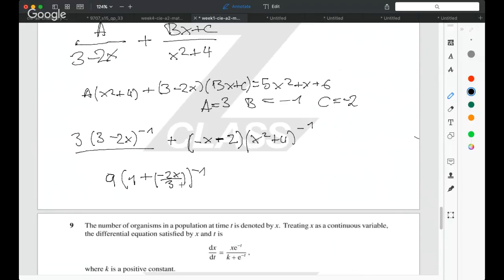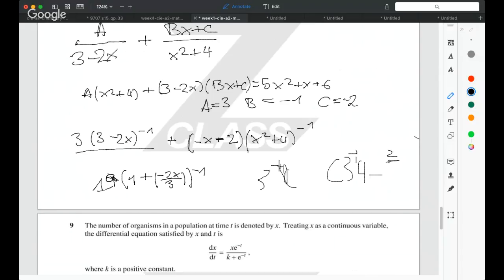So you pull out a 3 in front, so it becomes 3 to the power minus 1. Inside the bracket it becomes 3 times 1 minus 2 over 3x, and then this 3 becomes 3 to the power minus 1.